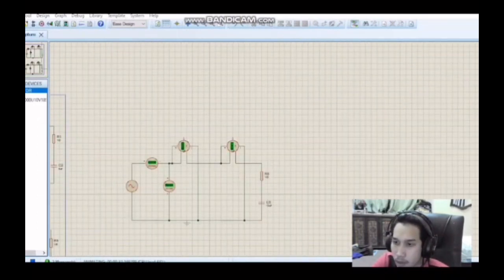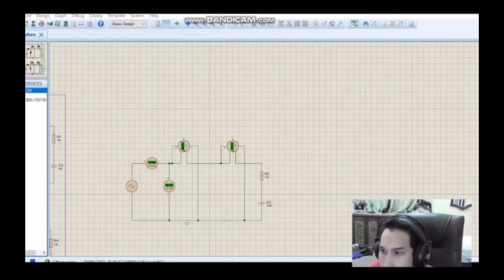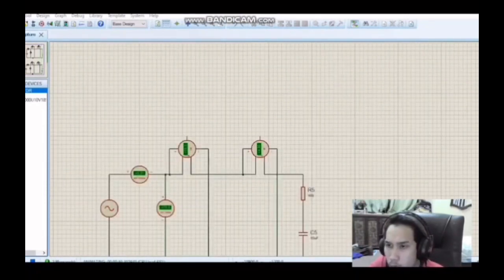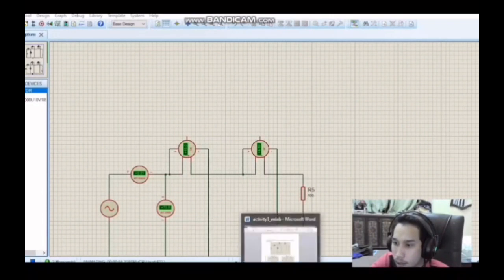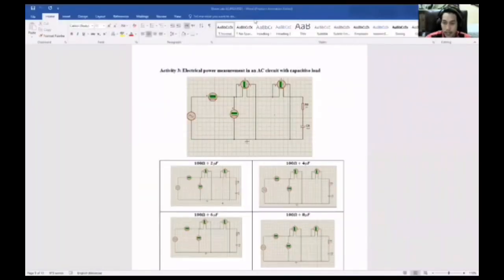Okay, the last one for 10 micro, we got the value for VA is 15.0, and the watt is 4.50 watt. Okay. After we do the simulation for the circuit.